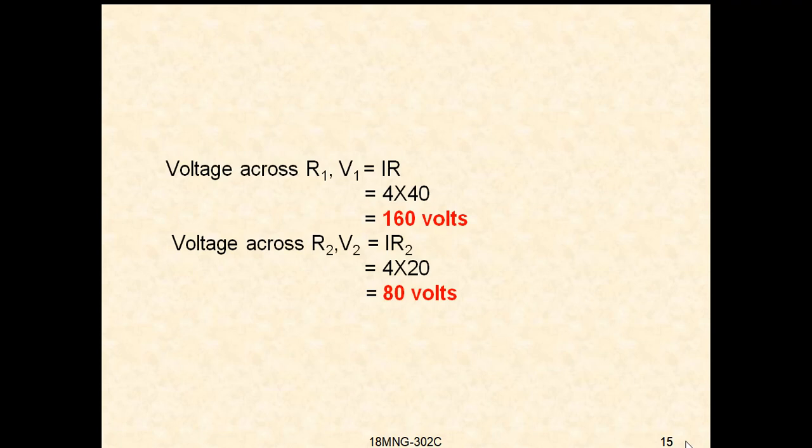This is the voltage across the resistor R1. And to find the voltage across the resistor R2, formula is V2 is equal to I into R2. We know that I is 4 amps and R2 is 20 ohms. On substituting that, we get 4 into 20 which is equal to 80 volts.